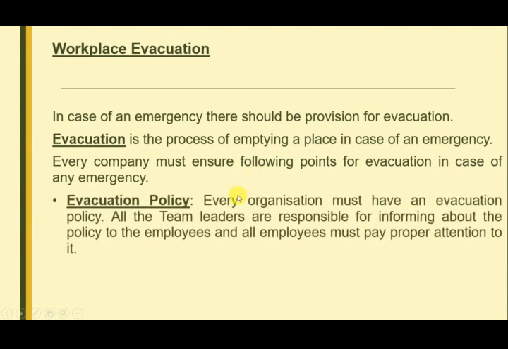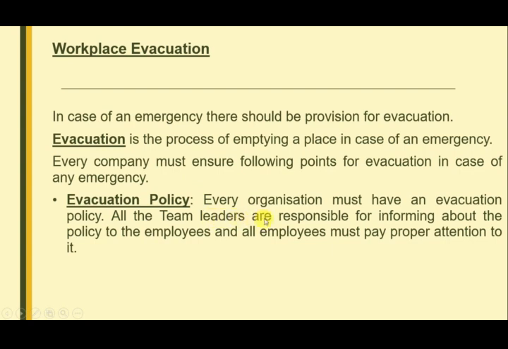What are those points? First point is evacuation policy. Wherever the workplace you are working, every organization has an evacuation policy, that whenever an emergency comes, what you need to do. So even if you are a new employee or you have been working in an organization for many years, you should be informed about the policy from time to time by your team leaders.